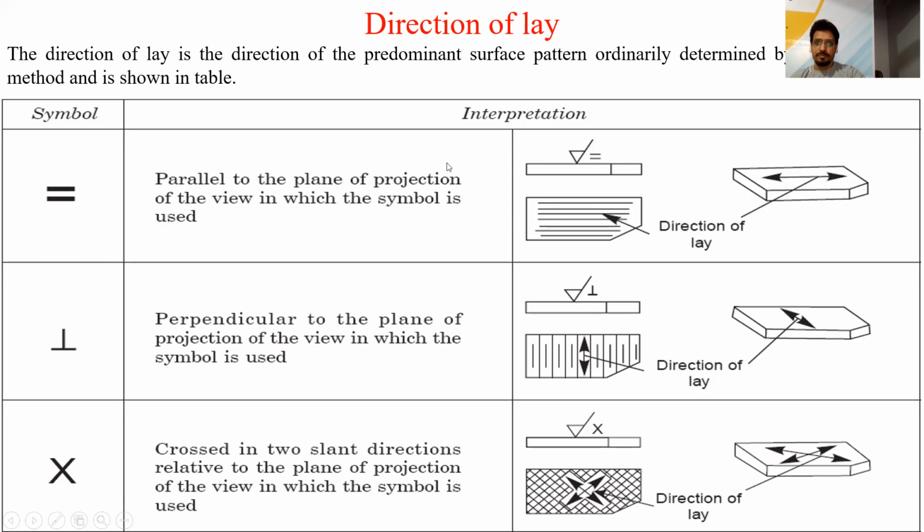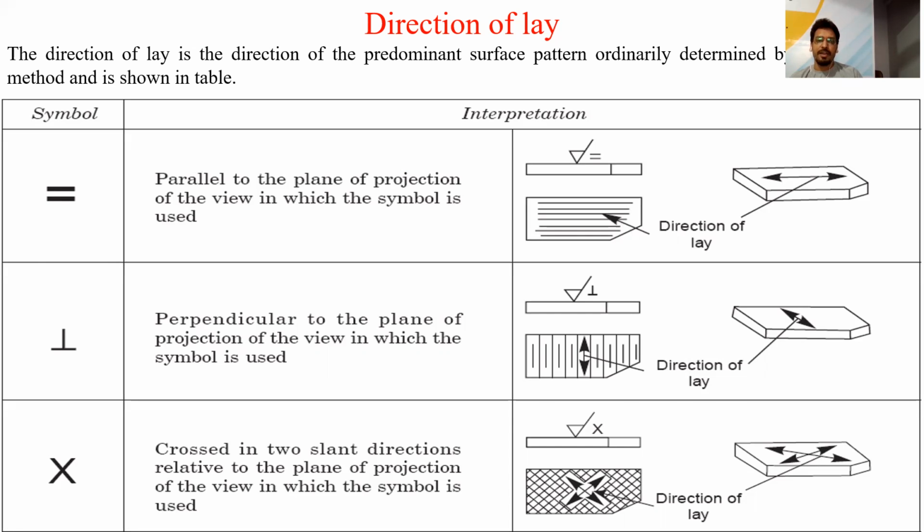For example, shaping and planing are machining operations in which we move the tool parallel to the surface. So shaping and planing are examples of parallel lay. Next is perpendicular lay.